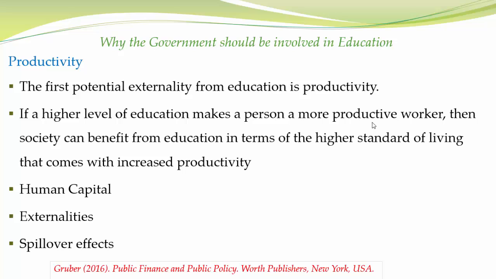If a higher level of education makes a person a more productive worker, then society can benefit from education in terms of the higher standard of living that comes with increased productivity. We know that education means human capital. By investment in education, we mean investment in human capital. And this investment has other externalities, not only productivity. It has spillover effects.